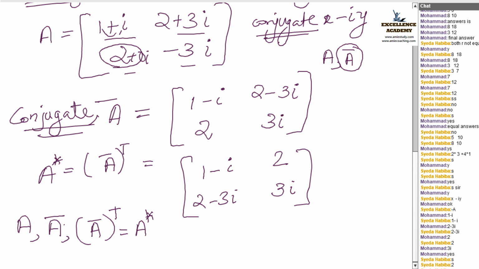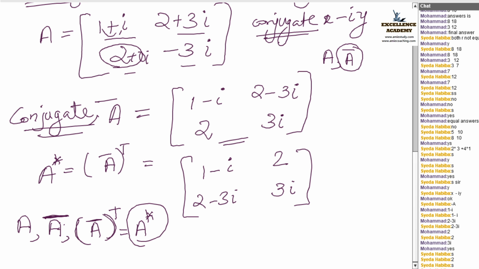Understood? If A is the matrix, the conjugate of A is A bar, where you replace the imaginary part of the complex numbers with a negative sign, and the transpose of that matrix is represented by A star. Is it clear?